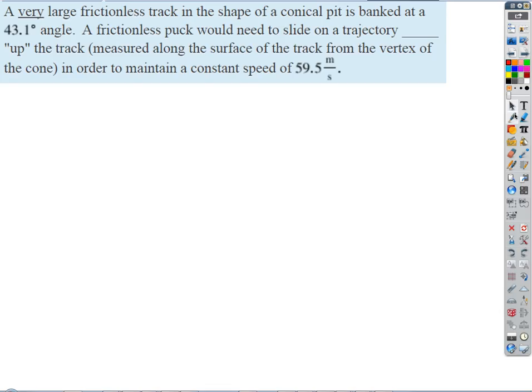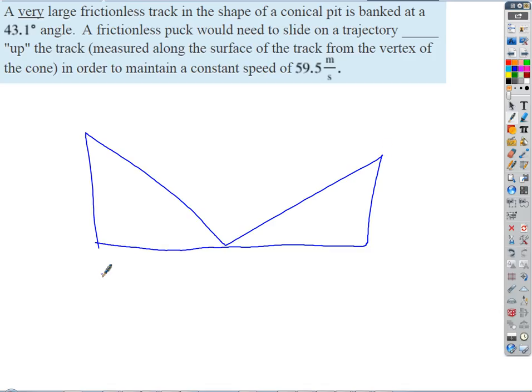So I will help you draw the picture. So here's what the picture would look like. In cross section, this is what the track would look like. And then it's just gonna go around like that. So you're taking a slice of the track, right? Yeah, I just cut right through the middle of the track. Right.